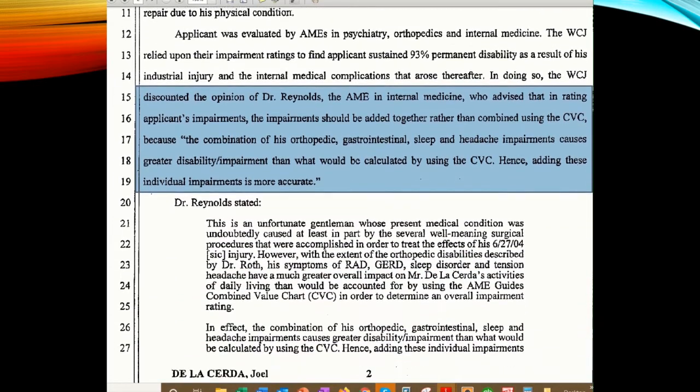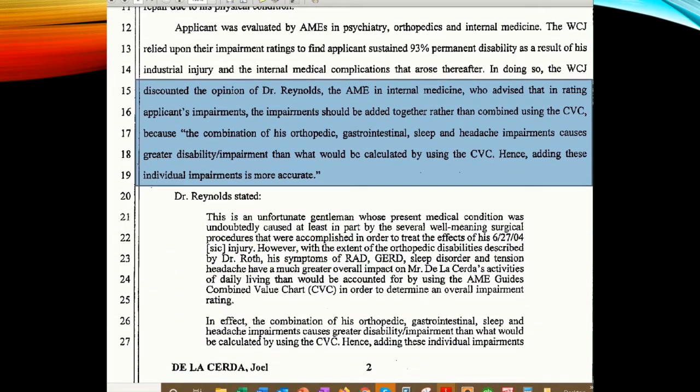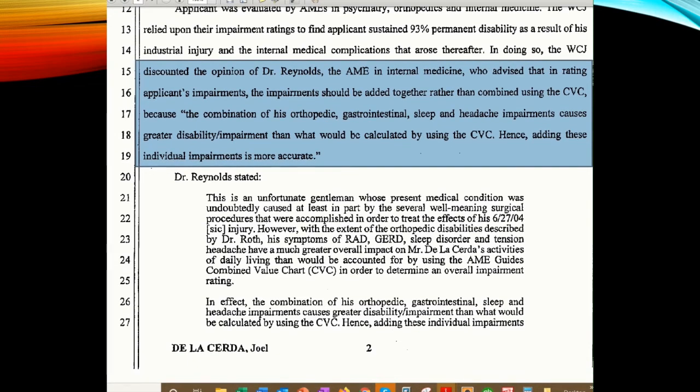And he went on to say that we have here an unfortunate case where the examinee's present medical condition was caused at least in part by several surgeries. However, with the extent of orthopedic disabilities described by Dr. Roth, his other symptoms, including GERD, sleep disorder, and headaches, have a much greater overall impact on Mr. De Lacerda's activities of daily living than would be accounted for by using the AMA Guide's combined values chart in order to determine an overall impairment rating.